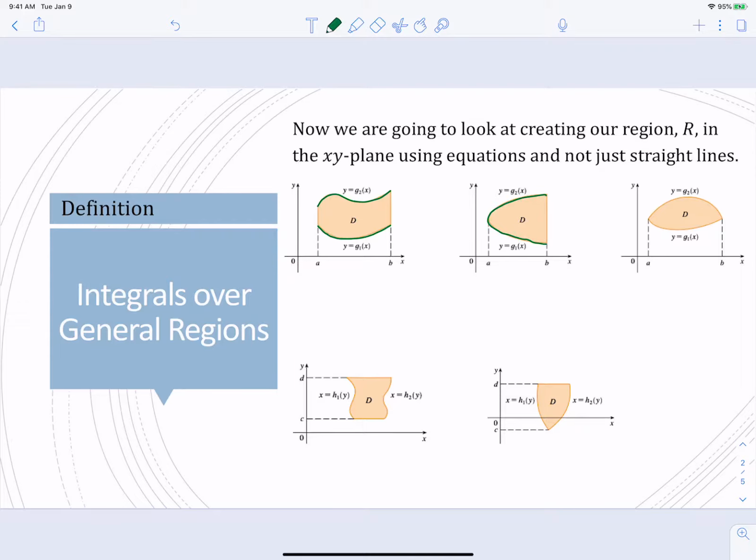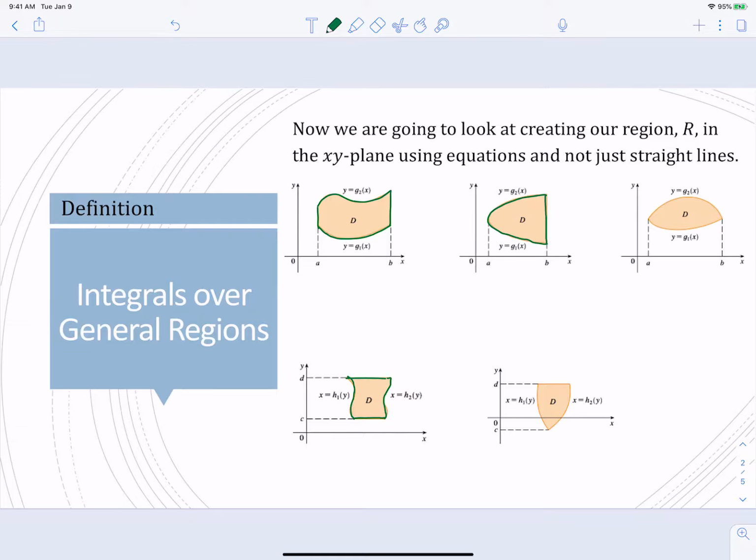Maybe we've got one curve that maybe we could write as a function of y instead of just as a function of x. And then we've got maybe a vertical line on the end. So we still can sometimes have these be defined by vertical lines or horizontal lines, like down here, we can also have equations where it's x equaling something to do with y. So we'll see some of those as well.